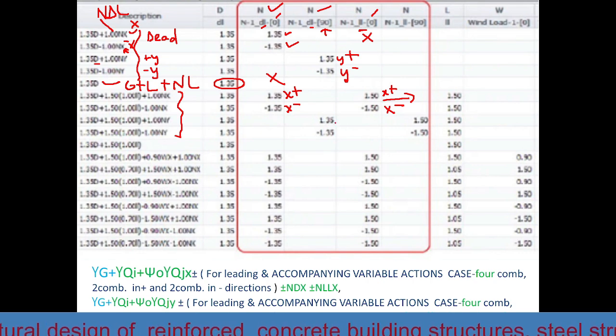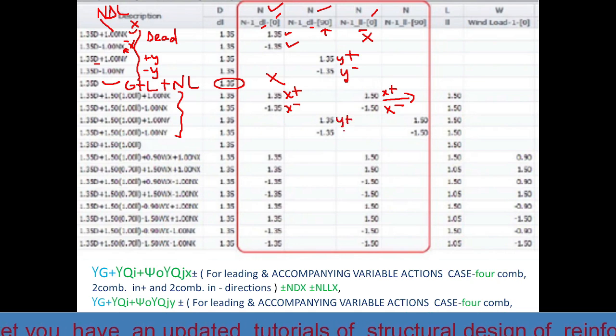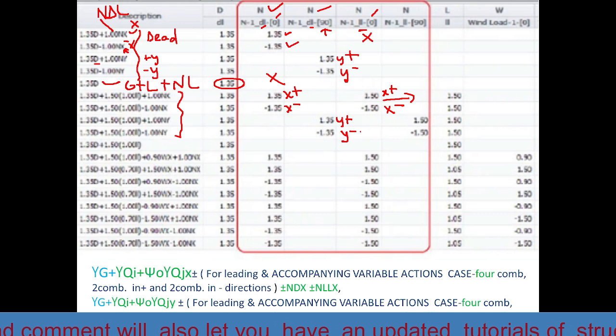And the third combination will be along y direction, that is y plus and y minus.